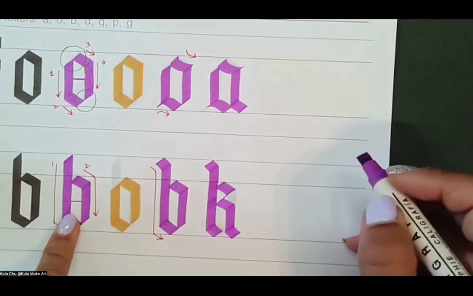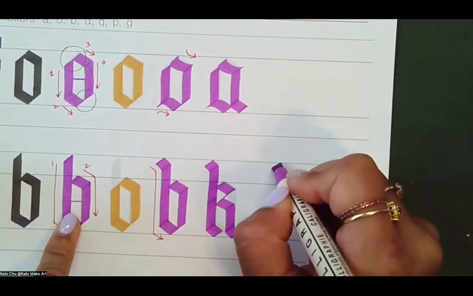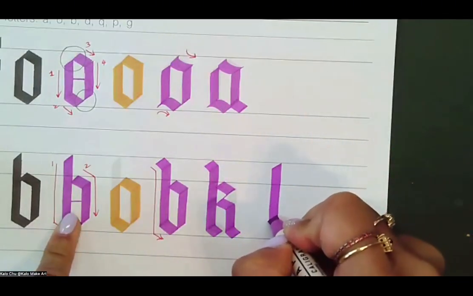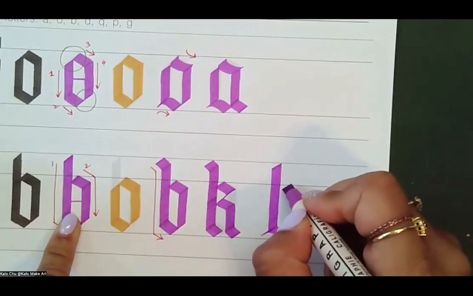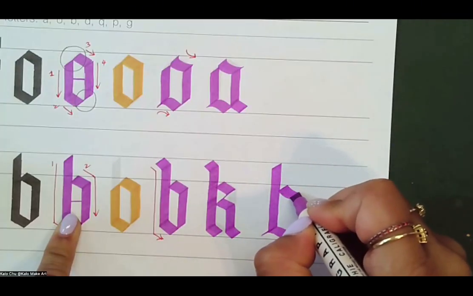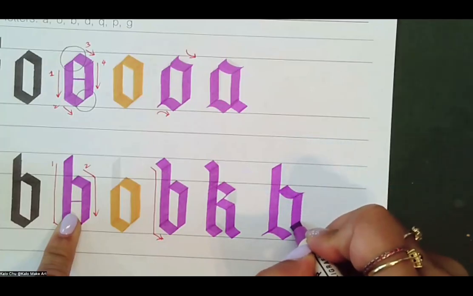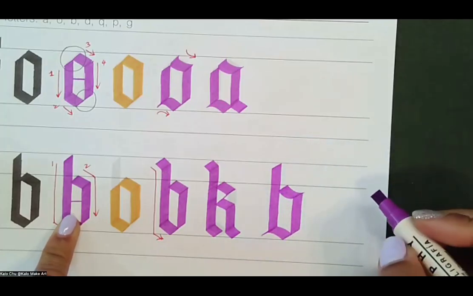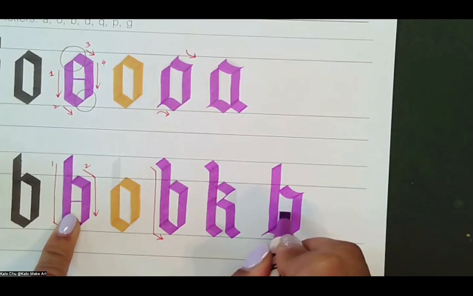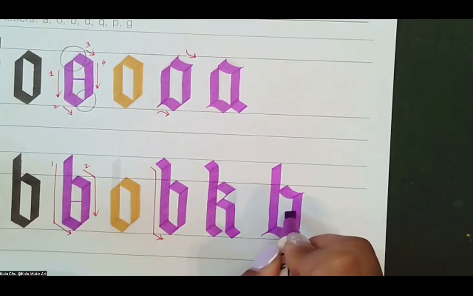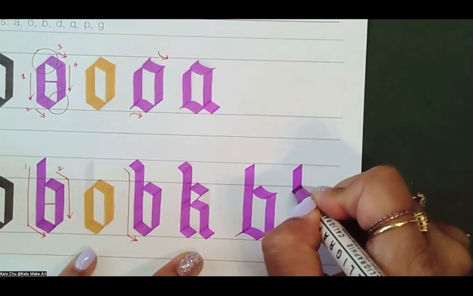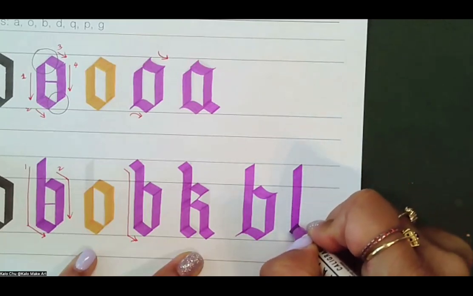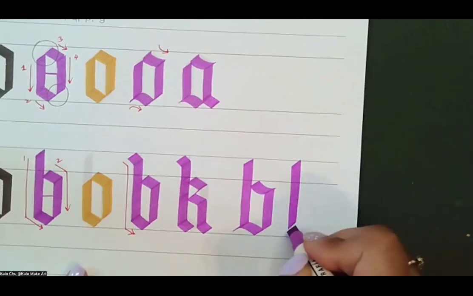Now, also one more variation for B is you can, like the O, curve this part. Okay, I think this is a little bit wider than one pen width, so I'm going to redo it. You have the vertical.